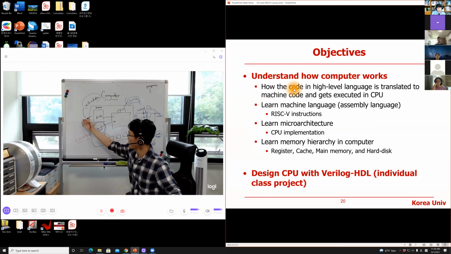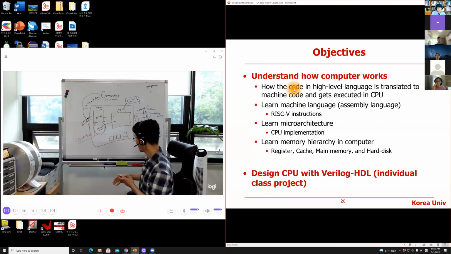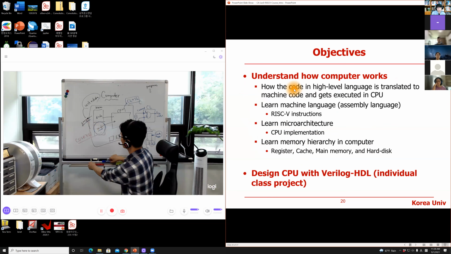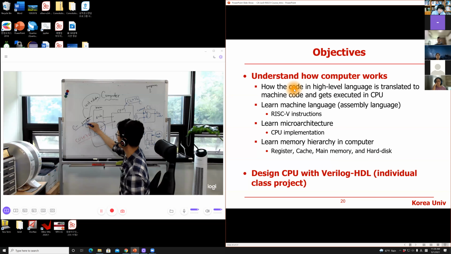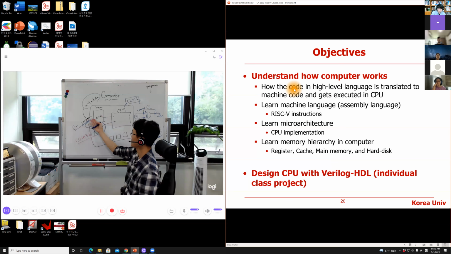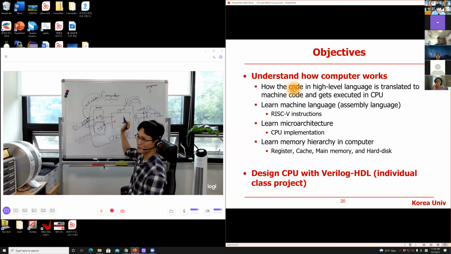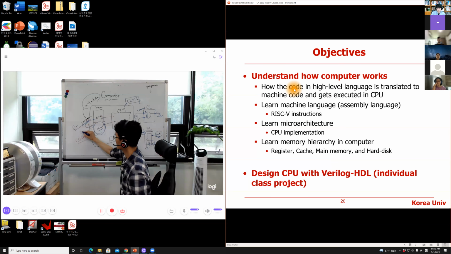How is your C program translated? The Hello World program, the very first program you write, right? A C program is translated into instructions and data. Who is translating the program into instructions and data? Compiler, right? You use either Visual Studio, or GCC if you use Linux.